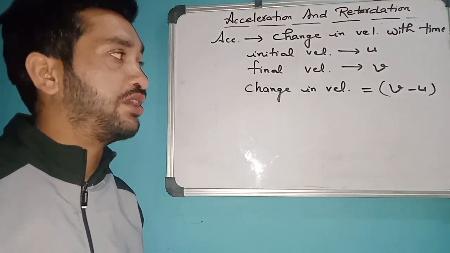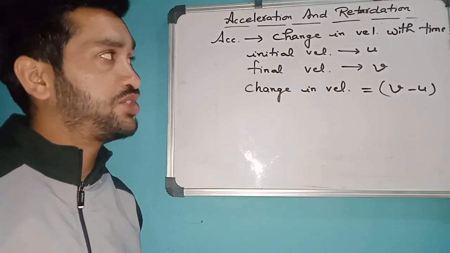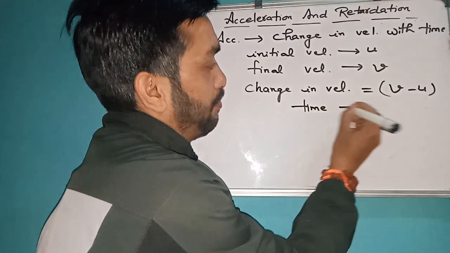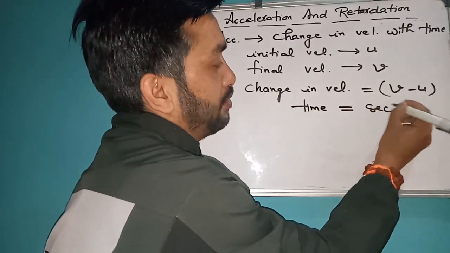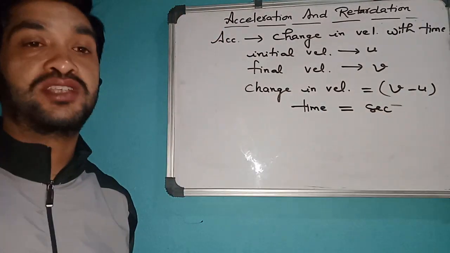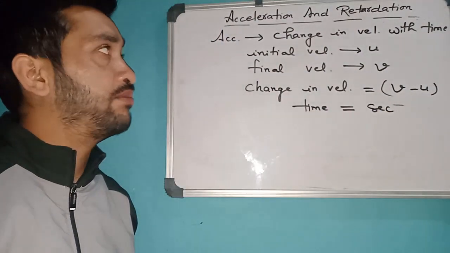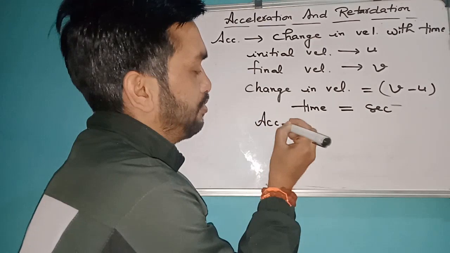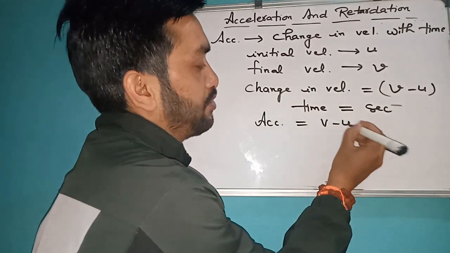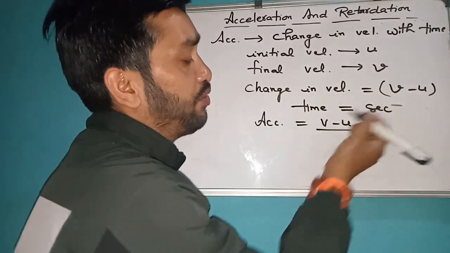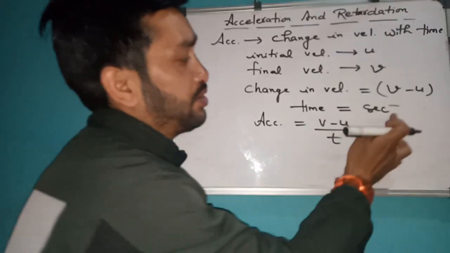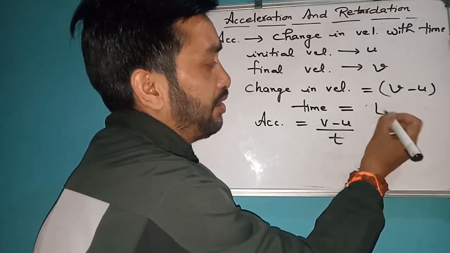So change in velocity is v minus u, and time is taken in seconds. So overall, acceleration is equal to v minus u by t. Here instead of seconds we are taking time as t only.